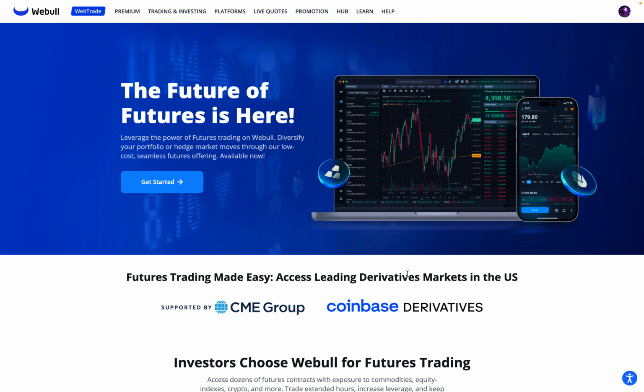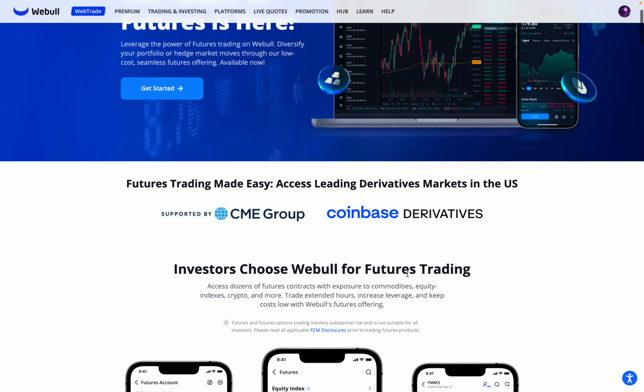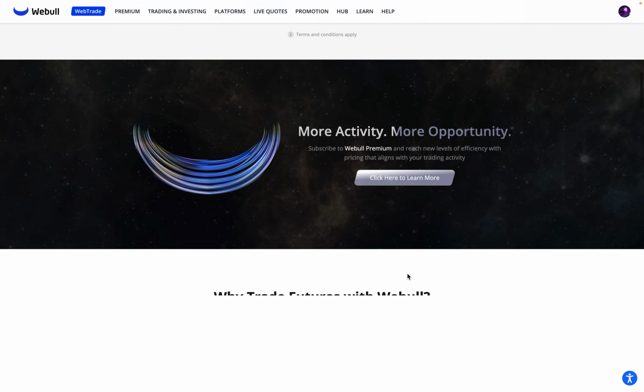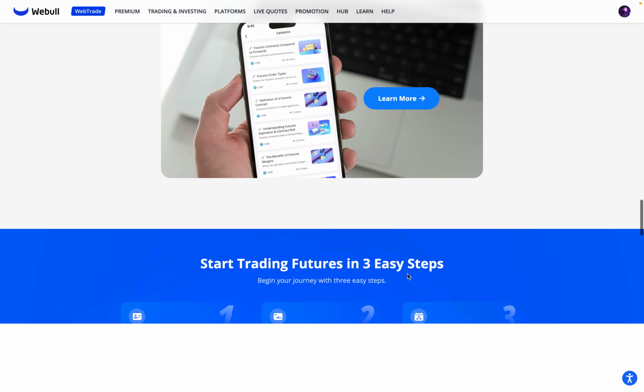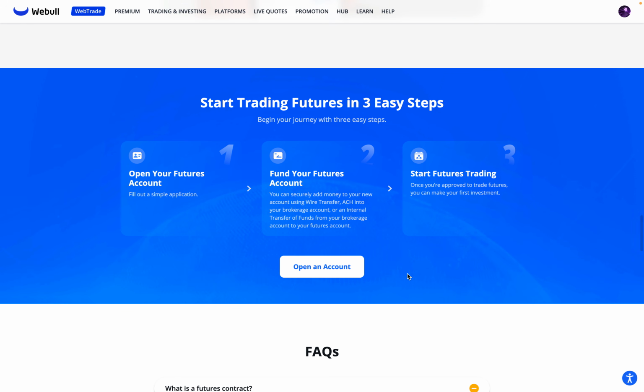Now, today I want to talk about trading futures on Webull. I'll put a link to this specific page in the description below, the reason being that you also need to sign up for a futures account. If you scroll down on this page, there are 3 simple steps you need to take to start trading futures on Webull.